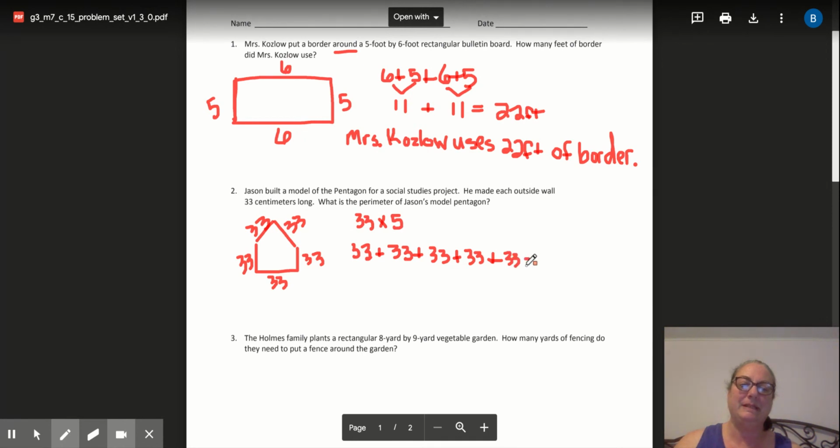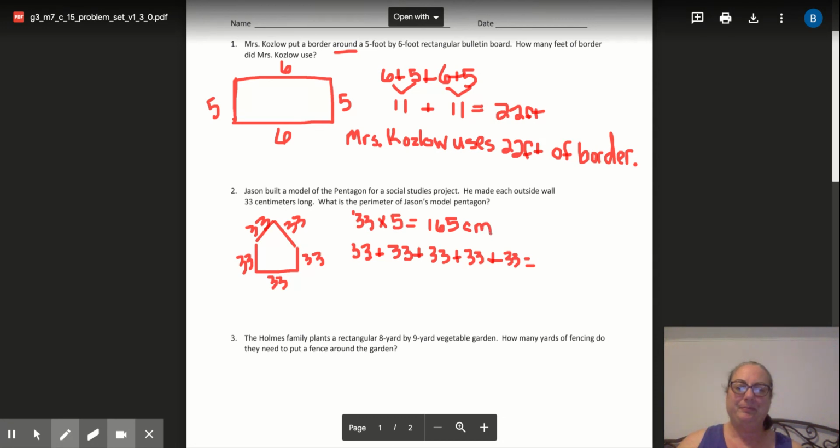And remember, this is in centimeters. So 5 times 3 is 15. So put your 5 down, carry your 1. 5 times 3 is 15 plus 1 is 16. So the perimeter is 165 centimeters.